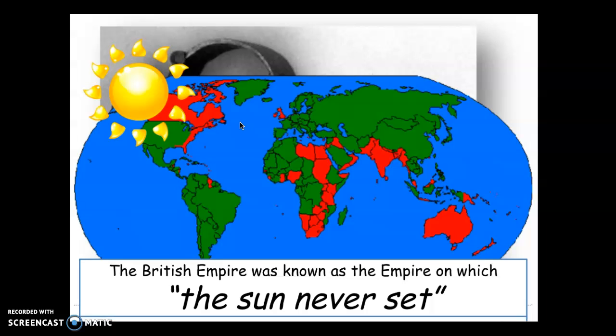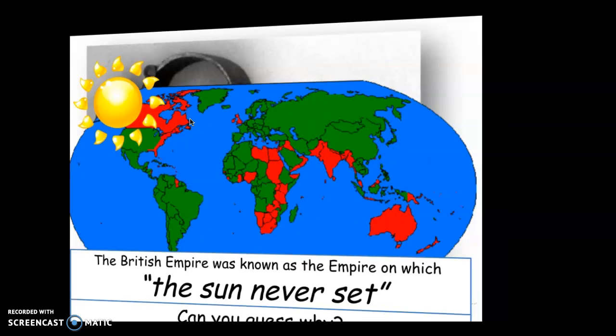And by that, I think we can guess that that means that in every time zone, every 1 hour time zone, and every latitude and longitude line that crisscrosses the earth, 24 time zones around the world, no matter where the sun is rising or setting, at some point it is always rising or setting on some part of the British Empire. That's how vast and widespread their power and control was.